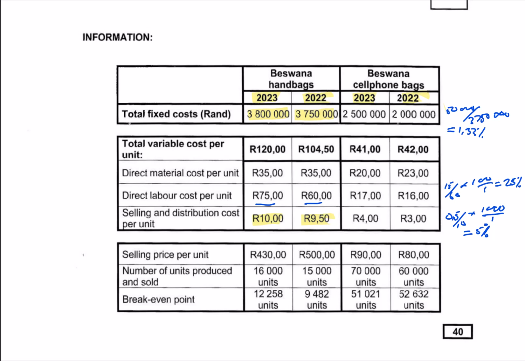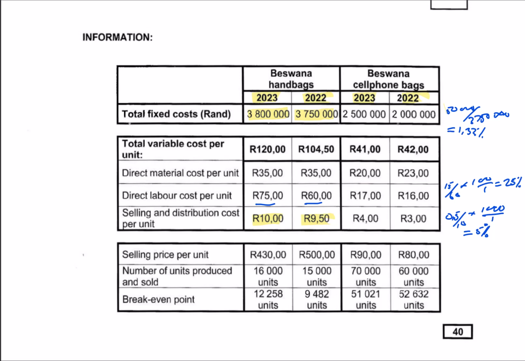At number 1, direct labor cost decreased from 23 to 20. So there was a decrease in direct labor. And what might be the reason? Sorry, direct material cost, not direct labor.